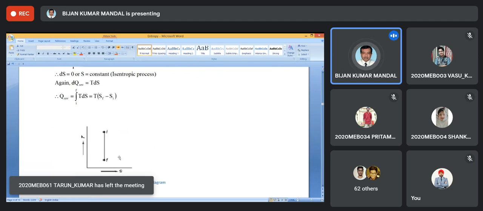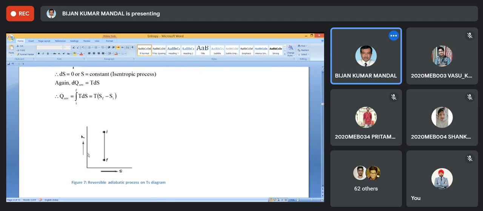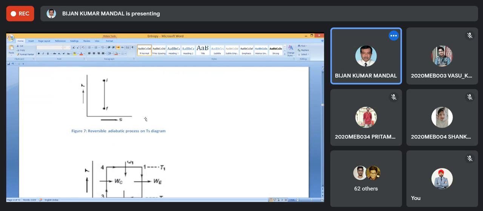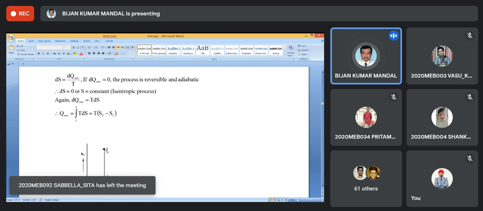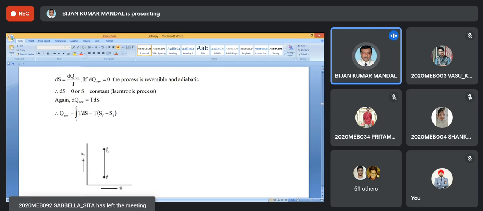On the TS diagram this is a vertical line, and the area under it is 0, because the entropy change is also 0. So the heat transfer is also 0 in a reversible adiabatic process.